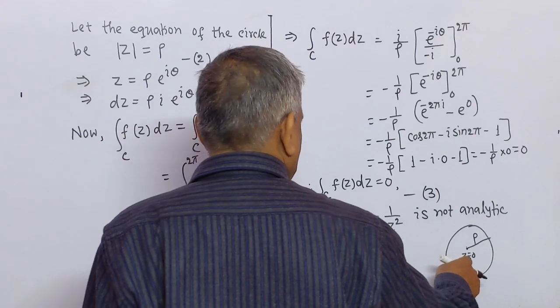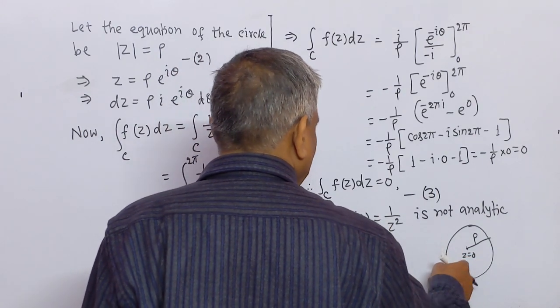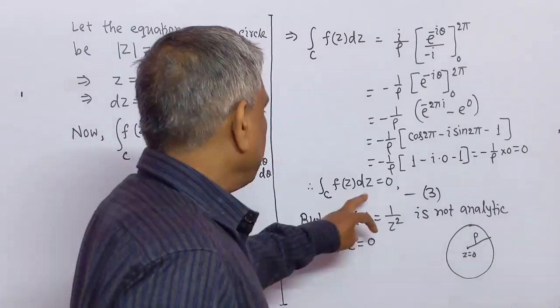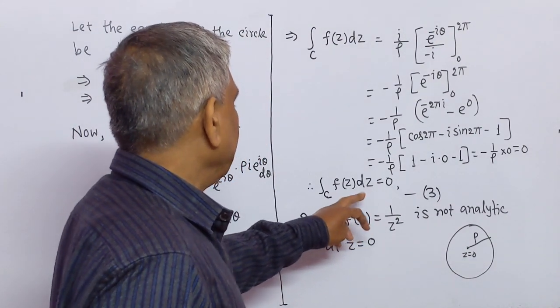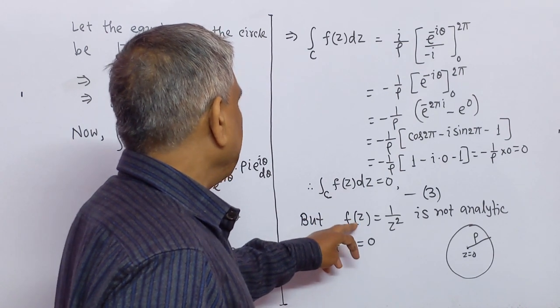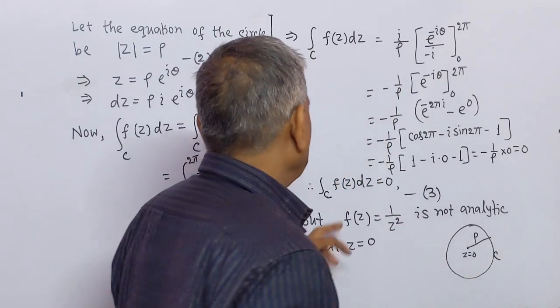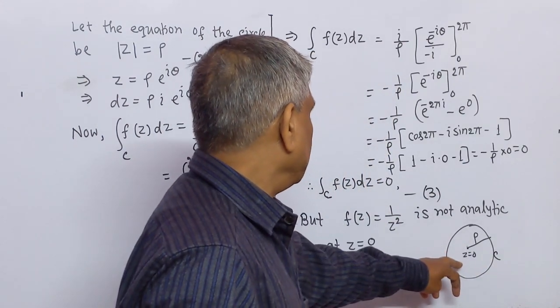So at the center this f(z) is not analytic. But from theory we see that the integration of f(z) along the circle C is 0.